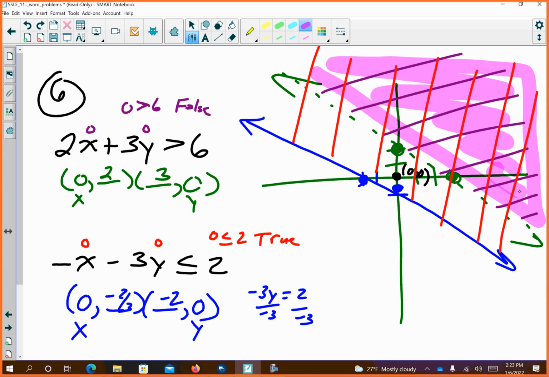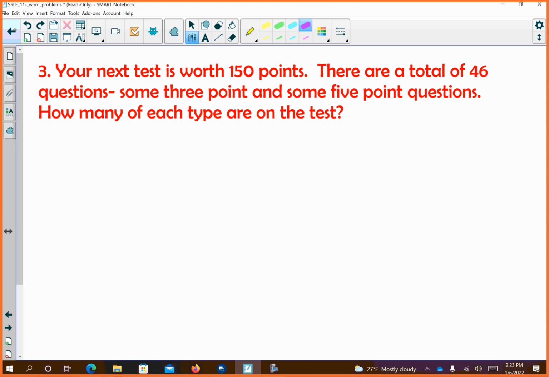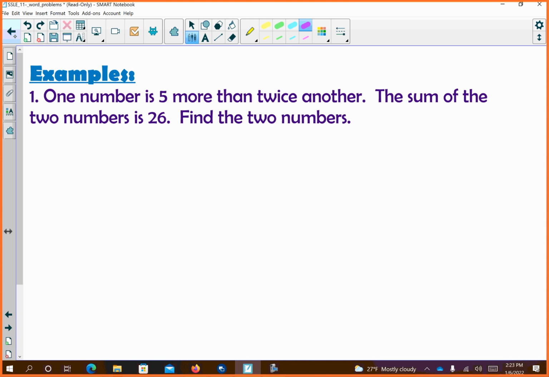Everyone about there? Okay, so friends, we are back to some word problems. Now, please know this. I am not a fan of word problems as a student. And I know most of you aren't either. But it is part of our critical thinking. It is part of our thought process.